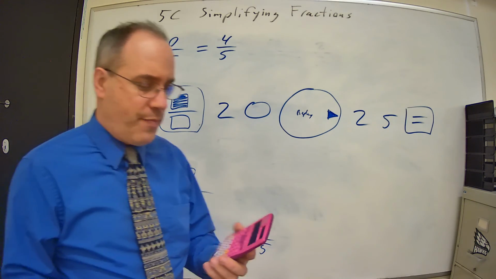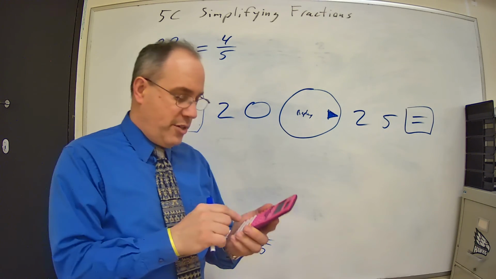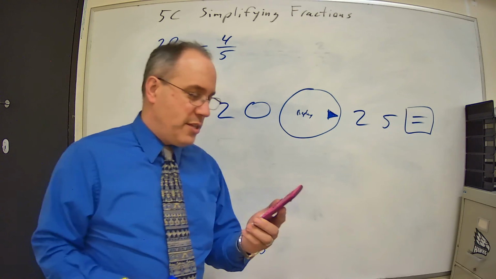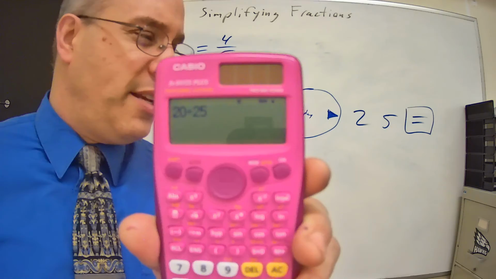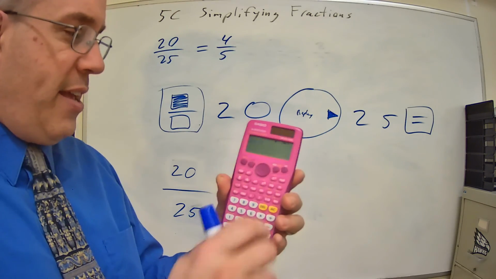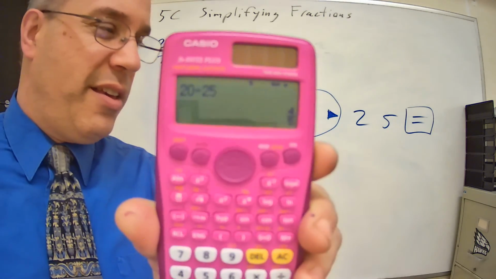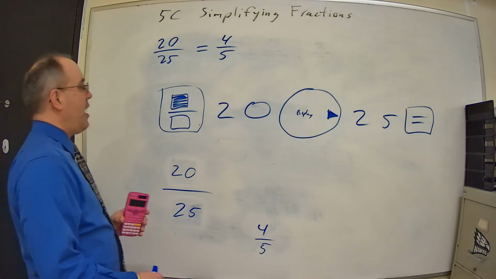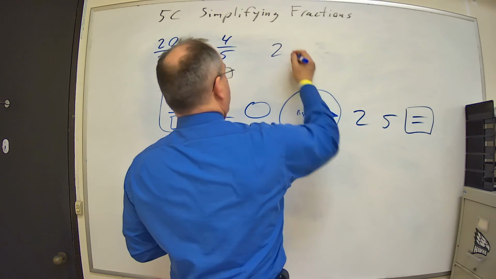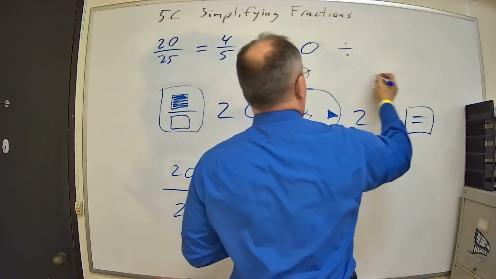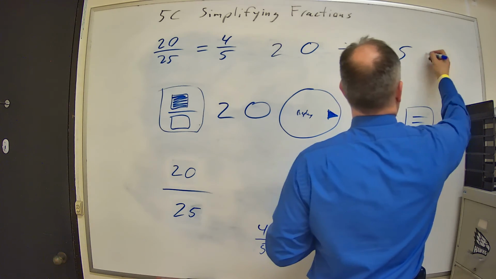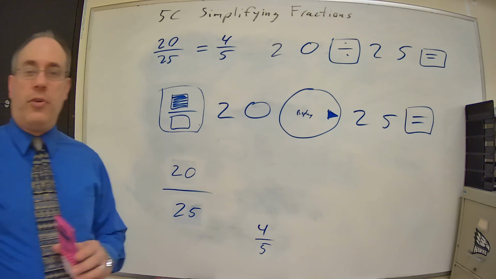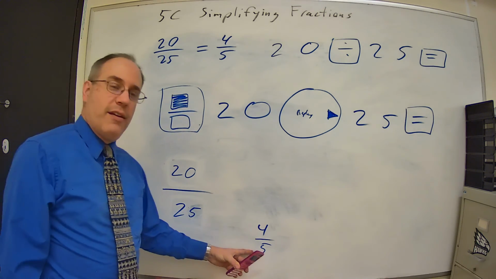But I can also just do 20 divided by 25. So all I did was go 2, 0, divide, 2, 5, equals, and it gave me 4/5.